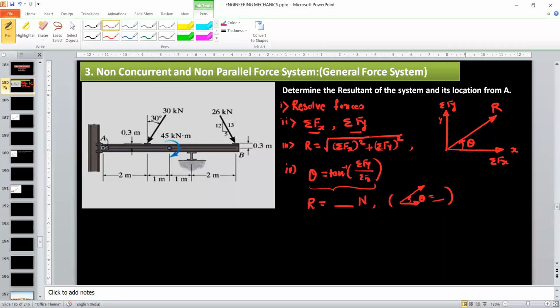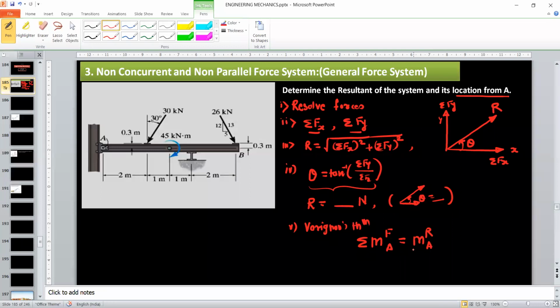After that, to find the location with respect to the given point A, you have to use the Varignon theorem. This will be your last step. The mathematical equation of the Varignon theorem is that the summation of moments by all the forces about any given point is equal to the moment by the resultant about the same point.